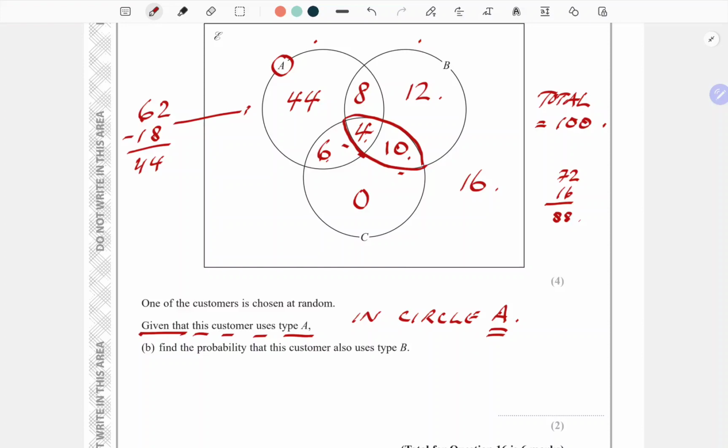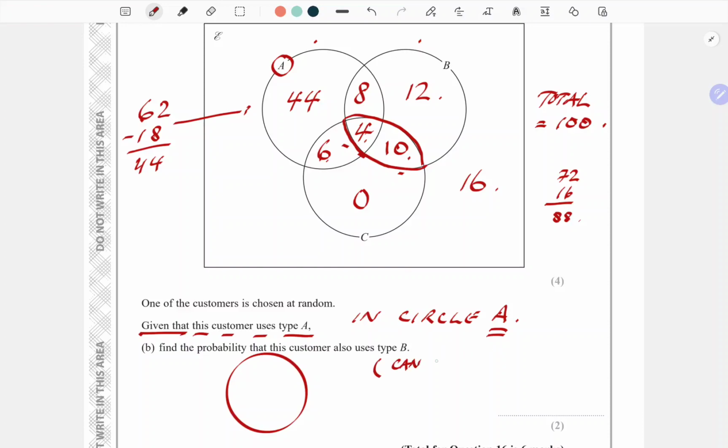So inside circle A, oh, excellent, there you go, lovely circle. Find the probability that this customer also uses type B. It doesn't say anything about not type C, okay?